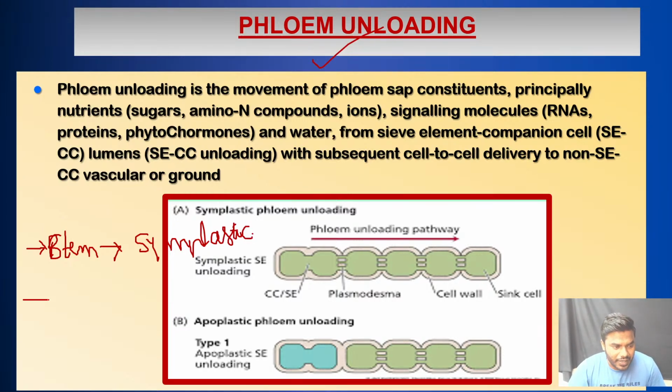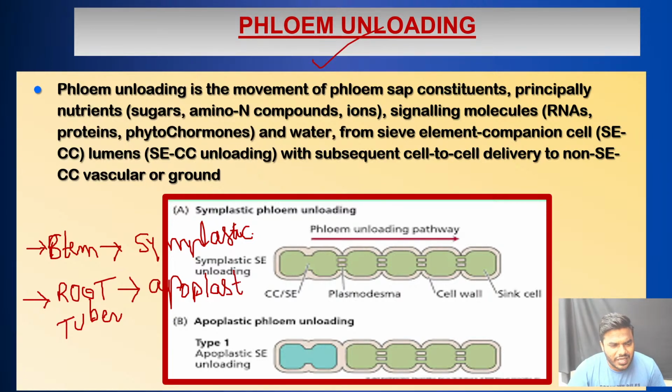Always. But if the sugars want to be unloaded into the rest of the plant body, whether it may be root or tuber, it doesn't matter, it will always follow the apoplastic pathway. Friends, if you remember these 2 points, that's more than sufficient.